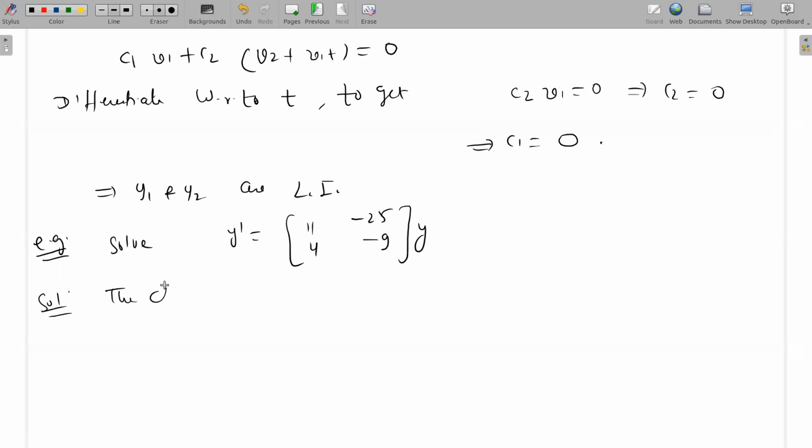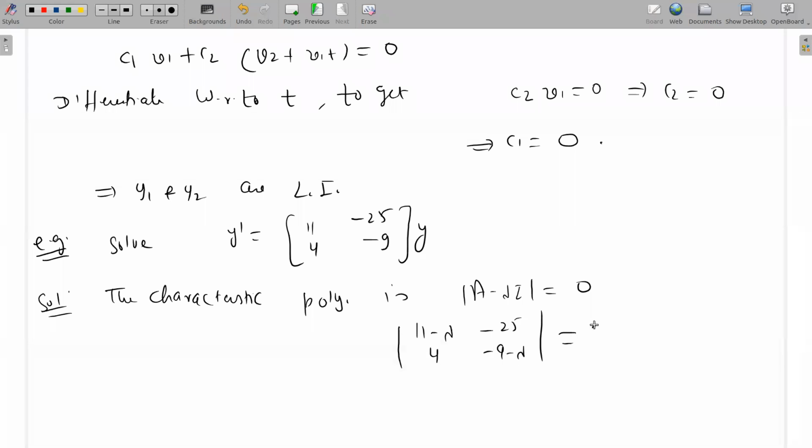The first step is to find the eigenvalue, so the characteristic polynomial is 1 minus lambda. Open this up. So you got lambda minus 1 whole square equal to 0. So you got lambda equal to 1.